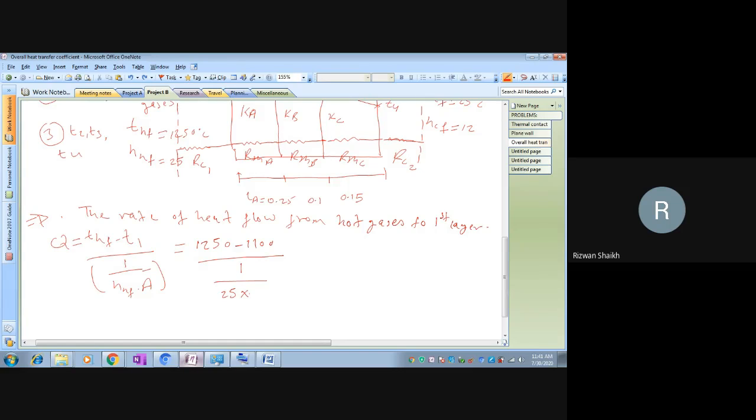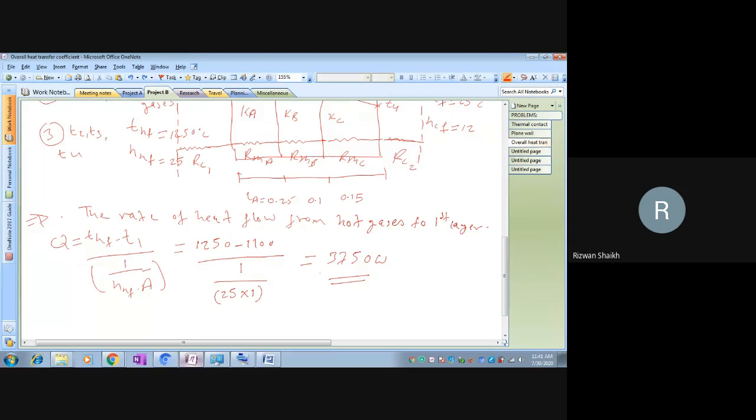Is the area given in the problem? If it is not given, we can consider it to be 1 meter square. If I consider it to be 1, I can solve the problem and get the rate of heat flow, which is 3750 watt. This is the rate of heat flow from hot gases to the first layer.